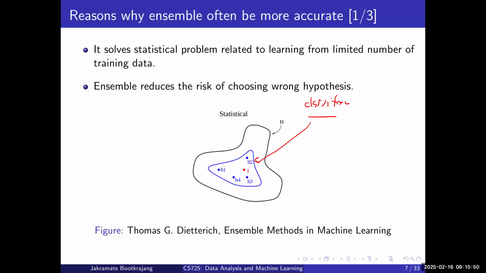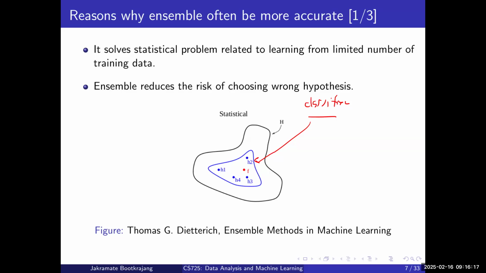You're going to pick one hypothesis, and the chance that you will pick the perfect hypothesis is very low because the space of hypotheses is almost infinite. So if you can only pick one, you are most likely not going to pick the perfect one.